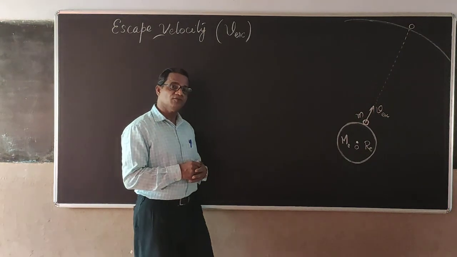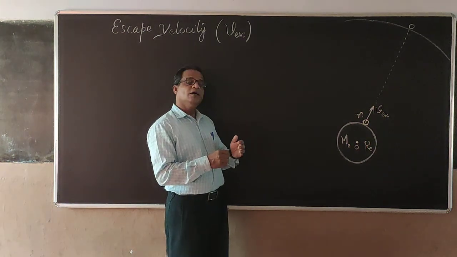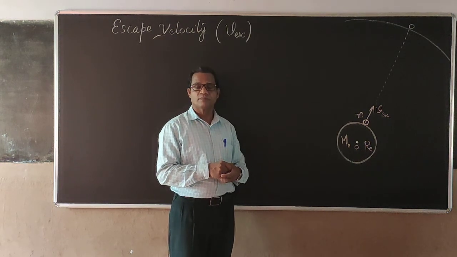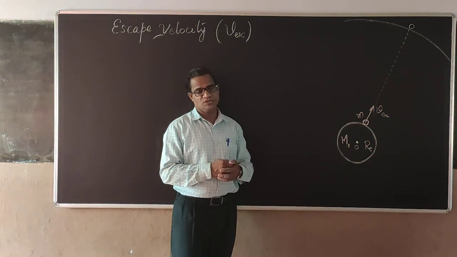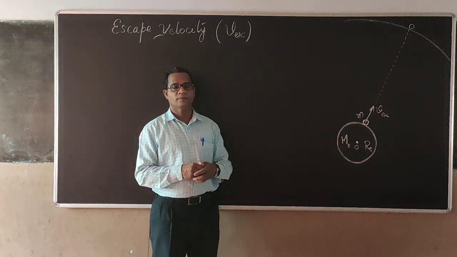So each and every planet will have its own velocity of escape from its surface. That is what we are going to discuss in this one. So first of all, the definition for escape velocity.